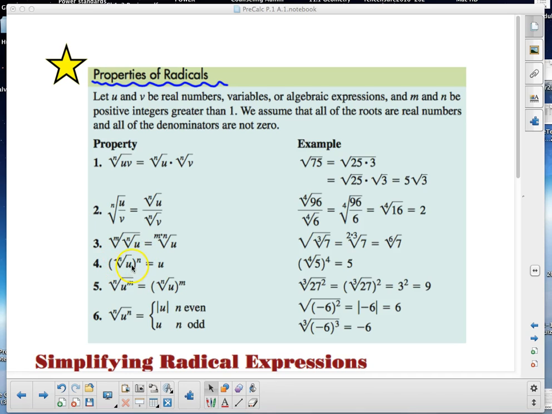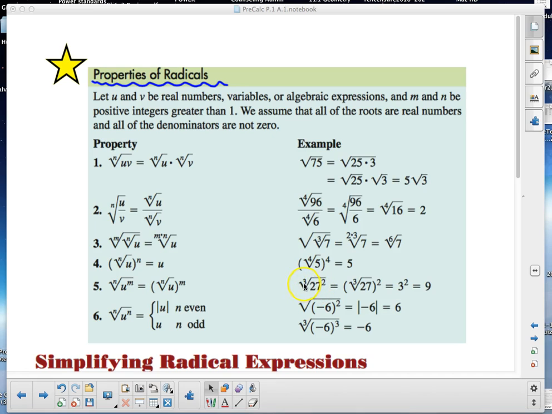And I've got this: the nth root of u raised to the nth power is equal to u. So I've got the 4th root of 5 raised to the 4th power is 5. The nth root of u to the m power can be represented as the nth root of u raised to the m power. So we can break things down this way, and it'll make it a little easier.